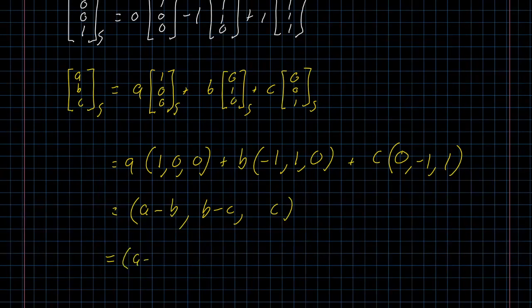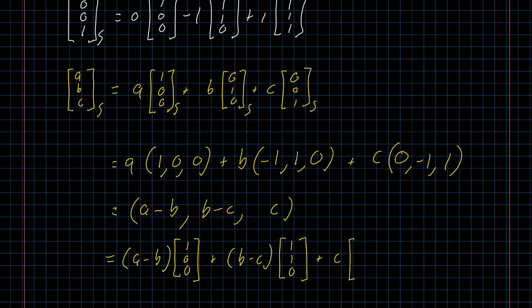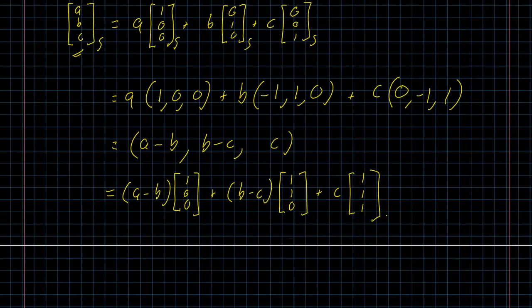But we could just as easily write this as A minus B times the first vector of our new basis, 1, 0, 0, plus B minus C times our second vector, 1, 1, 0, plus C times our last vector, 1, 1, 1. And if you go through and you simplify this, you will be able to get back to the original A, B, C, but that's not what's interesting. What's interesting here is that we have a linear transformation, although the notation for it is a little bit goofy. And we can do the same sort of thing for vectors of other sorts as well. This doesn't have to be restricted to Euclidean vectors.